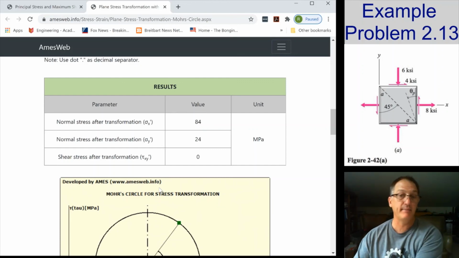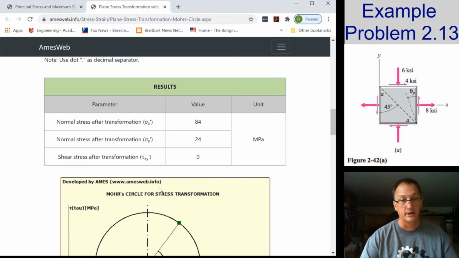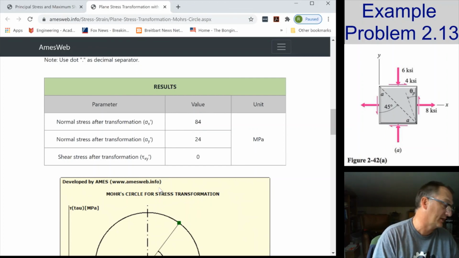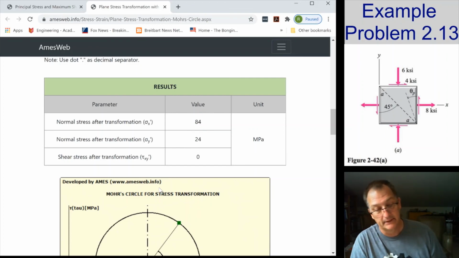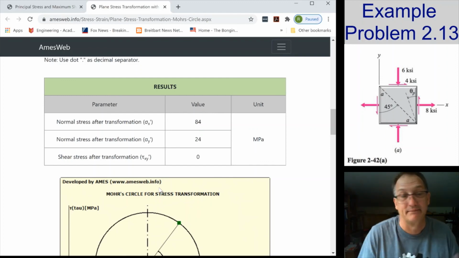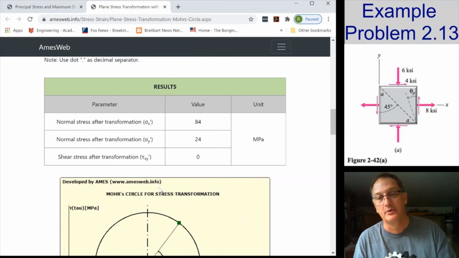And check them using Ames Web or another solver. There are a lot of solvers on the internet. And check your answer. I guess you could check your answer with Chegg. I don't use it.